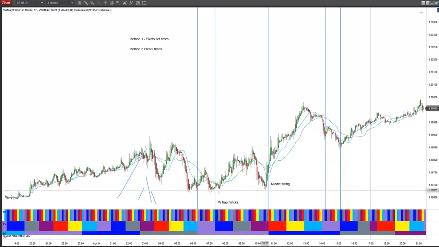The duration or amplitude of movement coming into the timer, from this low to the timer right here, if it doesn't reverse, it will tend to go through and track the same amount of price to the high as it made from the low to the midpoint. So we've got from the low to the midpoint right here where we hit the timer. That gives us the midpoint or middle of the swing. And then from there we go up and track the price the same amount.